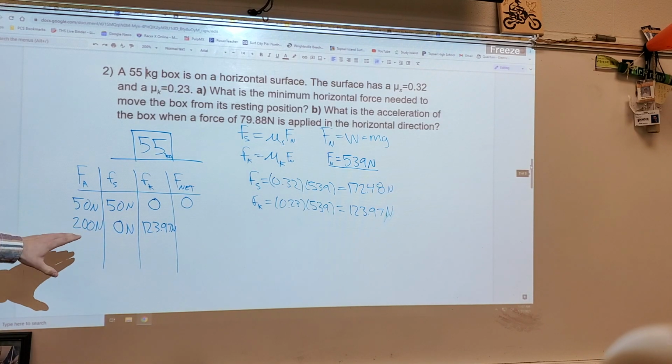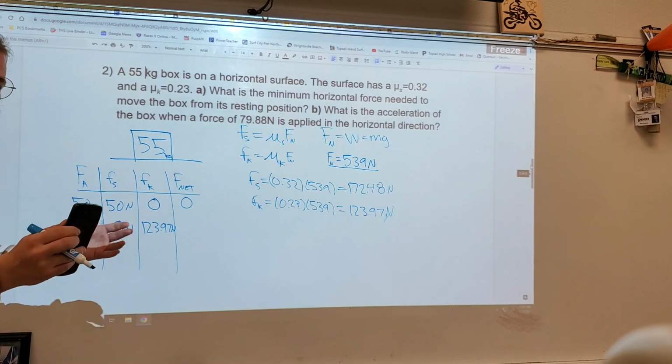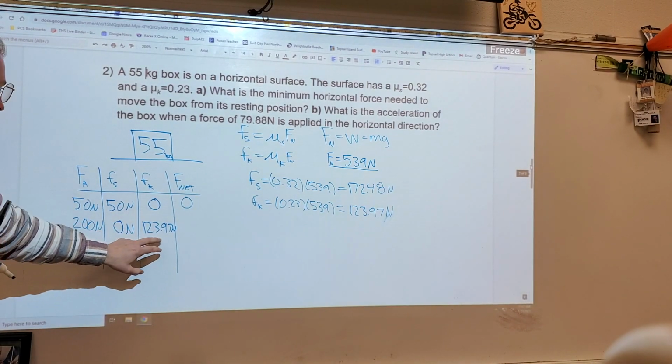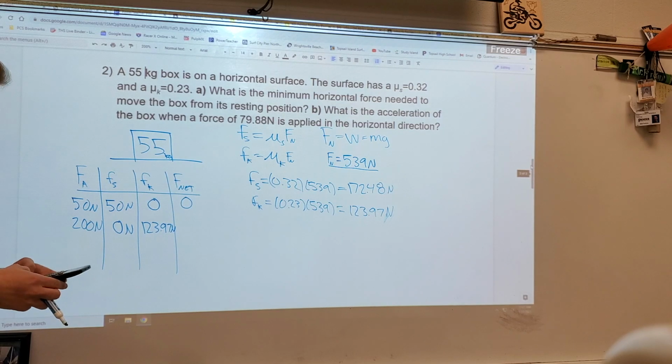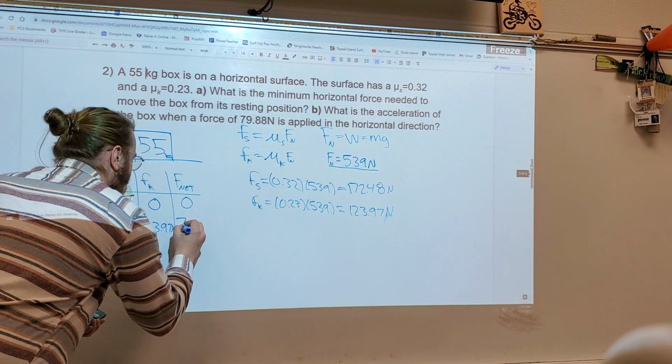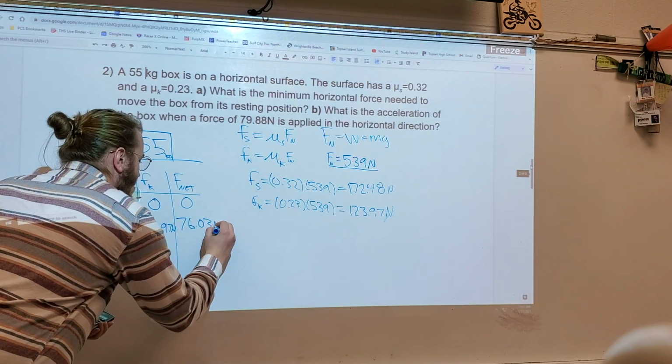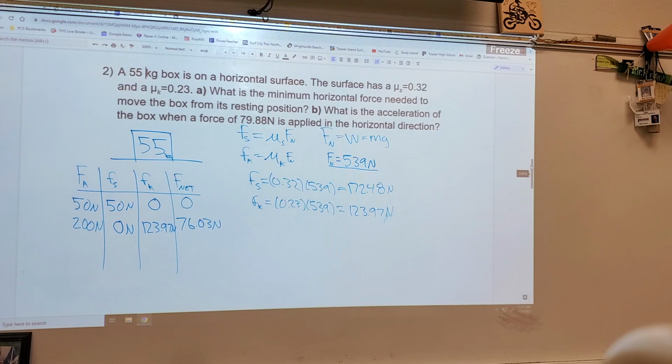If we're applying 200 newtons of force to an object and it's pushing back at us with friction with 123.97 newtons, is our net force going to be larger than 200 or smaller than 200? Easy question. Yes, smaller than 200. So let's do 200 minus our kinetic friction force. And we'll end up with 76.03 newtons of force net in that scenario.